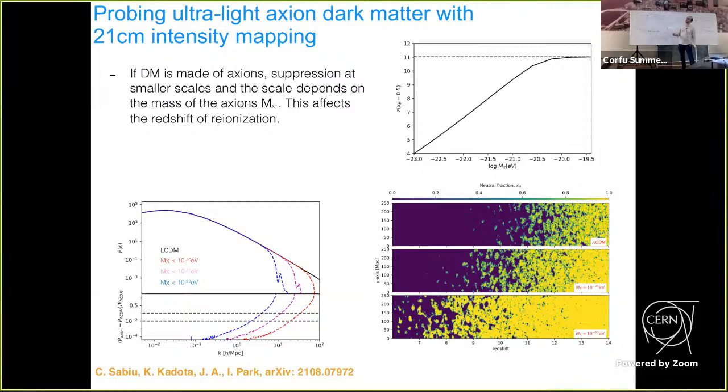This is basically when half of your hydrogen is ionized, and it depends on the mass of this ultralight axion. So the smaller the mass, the more delay in the reionization. As you can see here, this is for lambda CDM, and here you still have redshift 7.